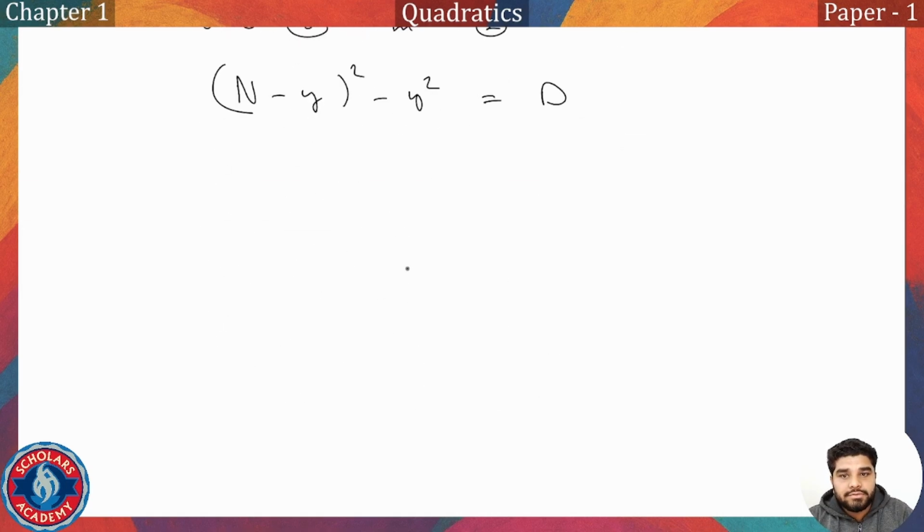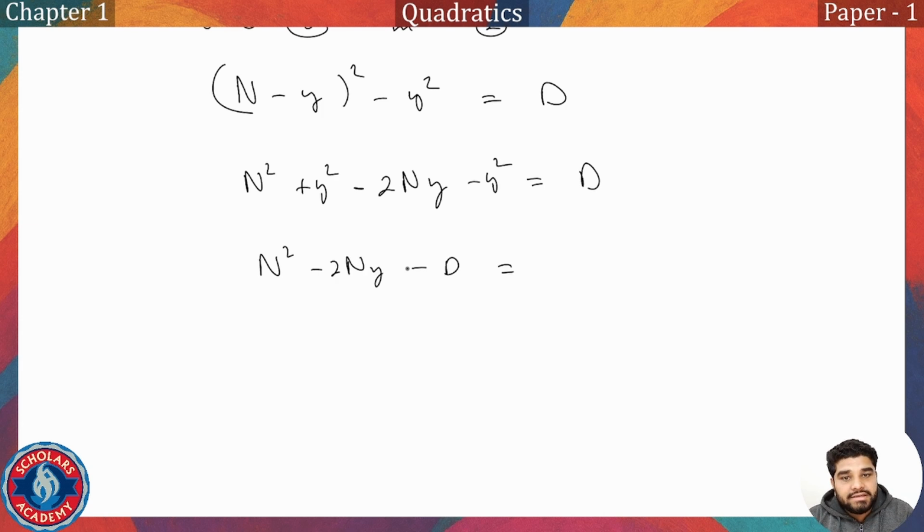If I open this whole square, I will get n square plus y square minus 2ny minus y square is equal to d. So from here I get n square minus 2ny minus d is equal to 0, right?